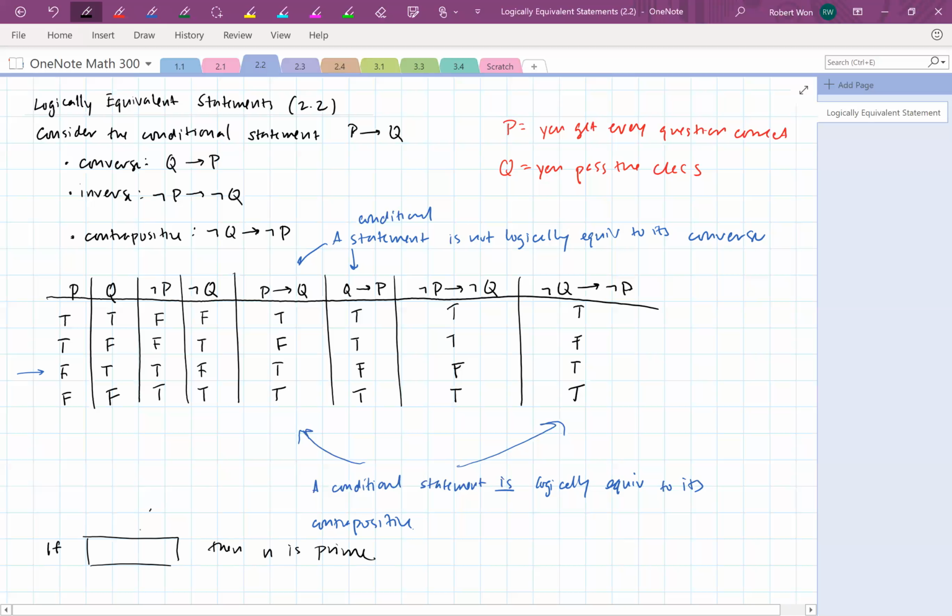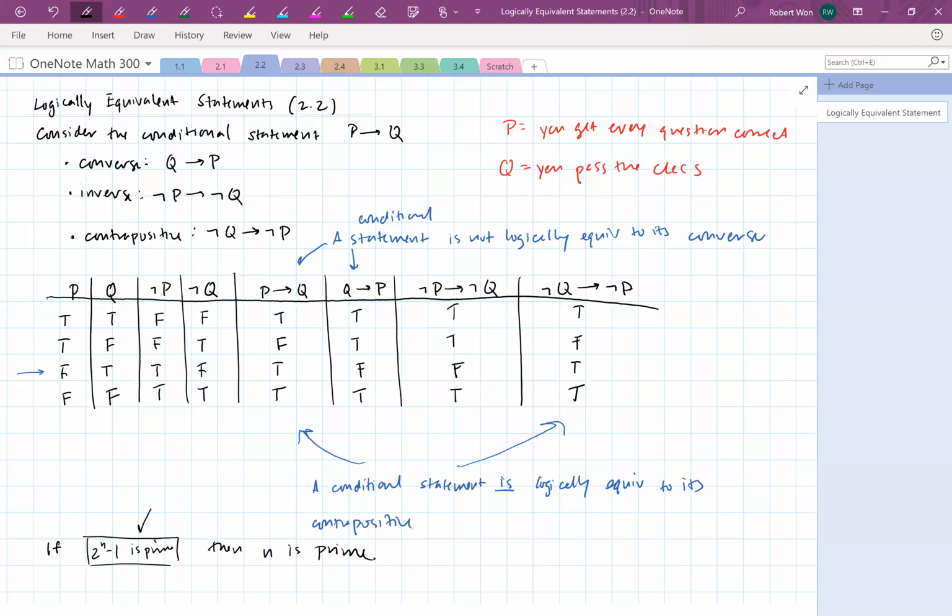Okay, and maybe something goes in the box here: if 2 to the n minus 1 is prime, then n is prime. Imagine this is something you're trying to prove, right? Of course, this is a little bit artificial because we actually started with the contrapositive statement back in lecture 1.